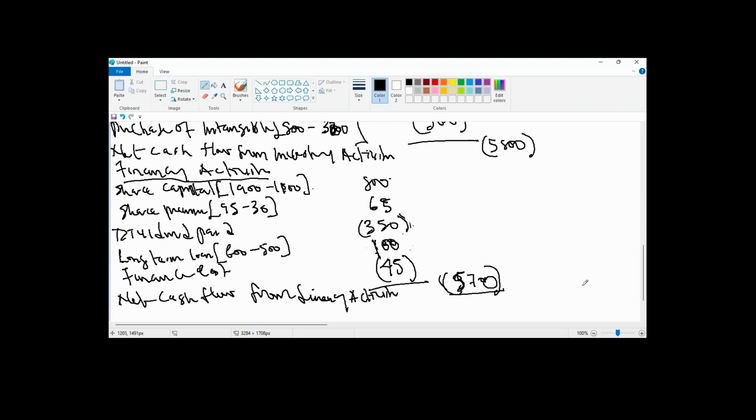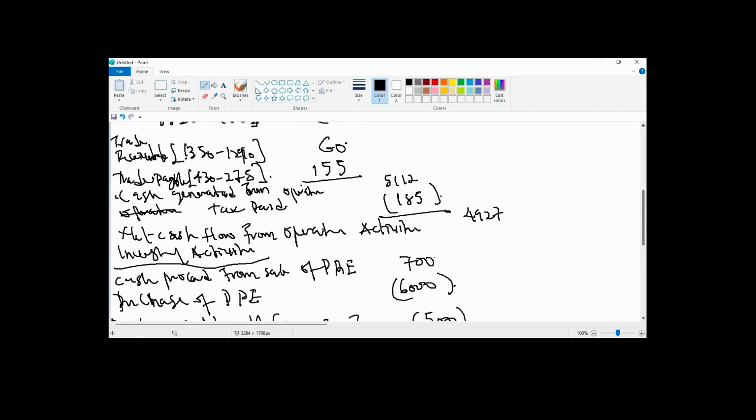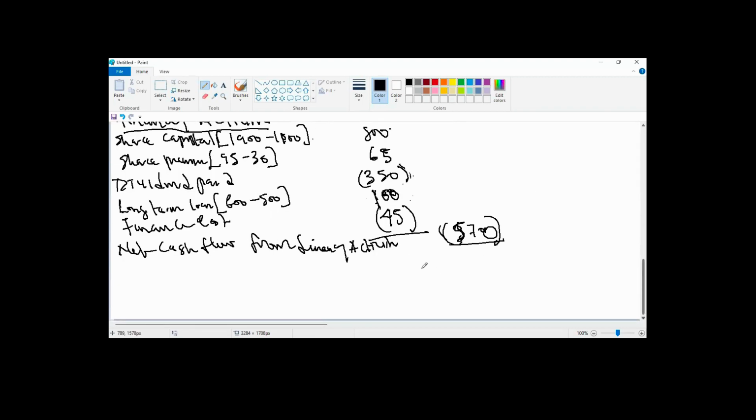When you sum everything together, it gives you 303. Yes. Decrease in cash and cash equivalents.